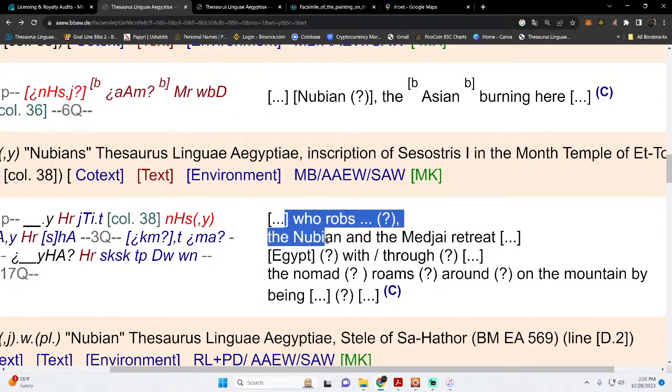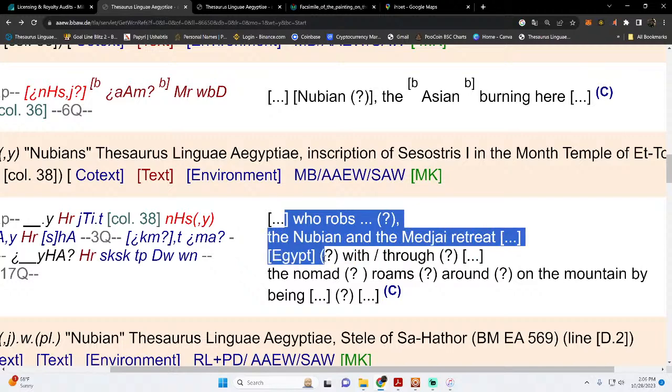Who robs the Nubian and the Medjay retreat. This is when he's trying to tell people that they some punks. He started talking about the Nubians as some punks. This is his actual language here. Now, it says who robs the Nubians and the Medjay retreat, and then we got something about a Kemet here.